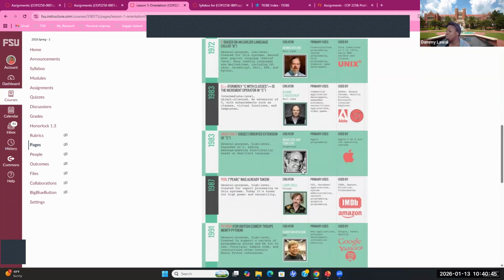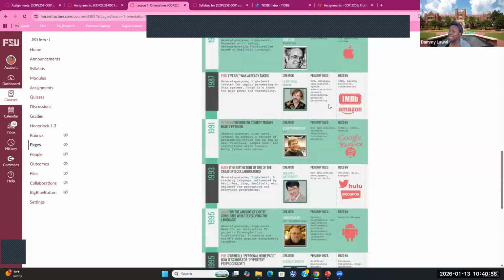So now we have Python, we have C, we have Java, which we'll be using for this class. One thing I want you to understand is that none of these programs has replaced each other. They are coexisting. Once you understand one programming language, you can write other programming languages.